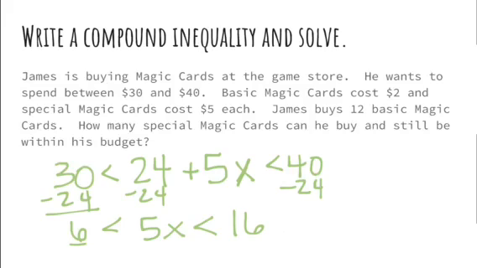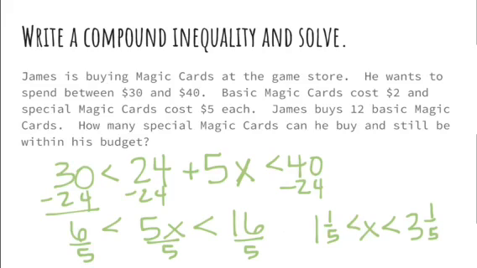And then I'm going to go ahead and divide by 5. And when I do that, I get 1 1/5 is less than x is less than 3 1/5. So I know that James can buy between 1 1/5 and 3 1/5 magic cards.